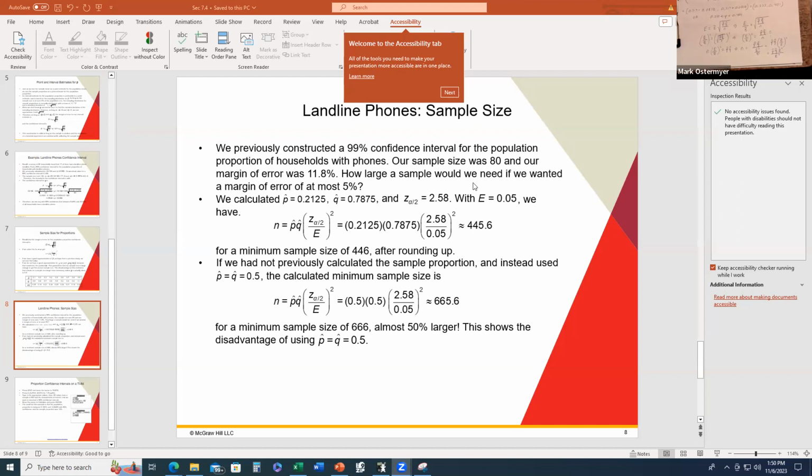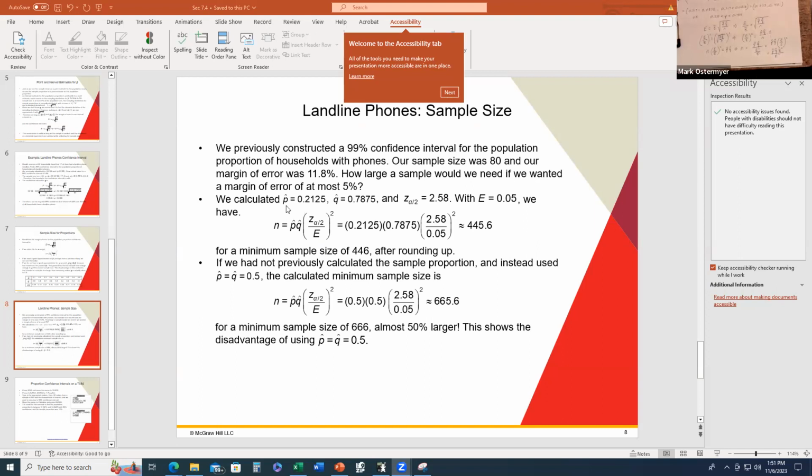How large a sample would we need if we wanted a margin of error of at most 5% for the same problem? Suppose we did not want a margin of error as large as 11.8%. We wanted only an allowable margin of error to be 5%, as to the maximum difference between our sample proportion and unknown population proportion.